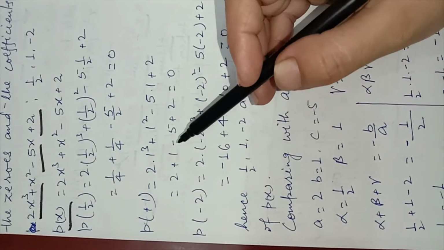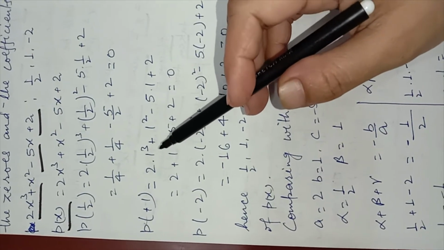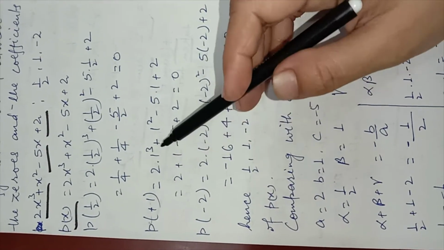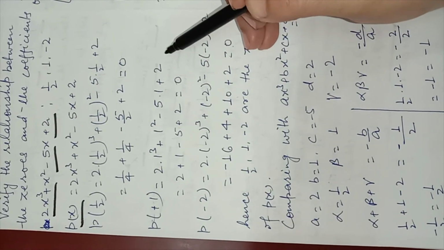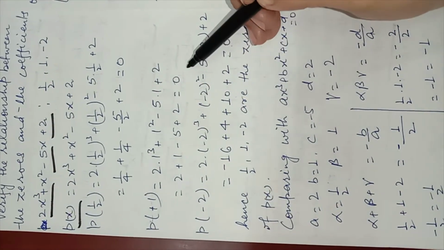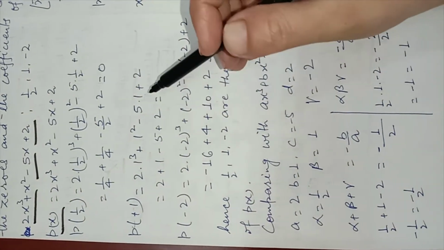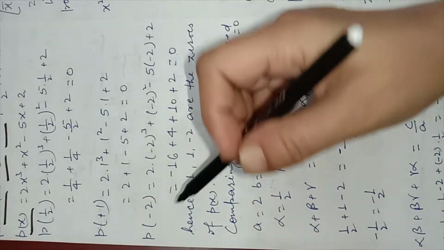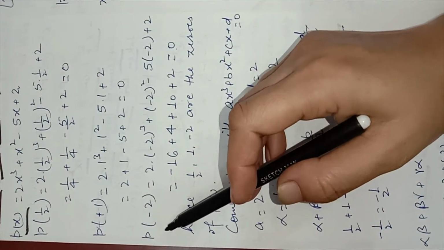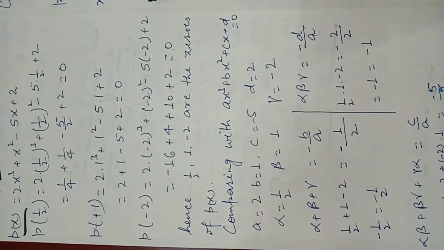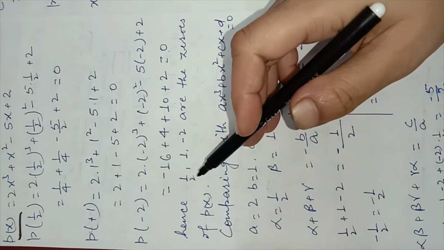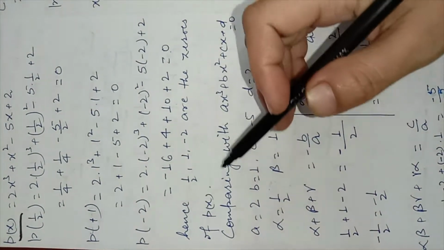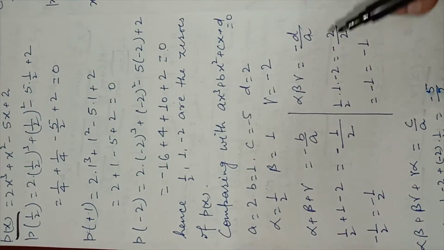Then p(1): we substitute 1, so 2 into 1 cube plus 1 square minus 5 into 1 plus 2. Again on solving we get 0, so 1 is a zero of p(x). Next p(minus 2): substituting the value, at the end we get 0. Hence 1 by 2, 1 and minus 2 are the zeros of the polynomial p(x).